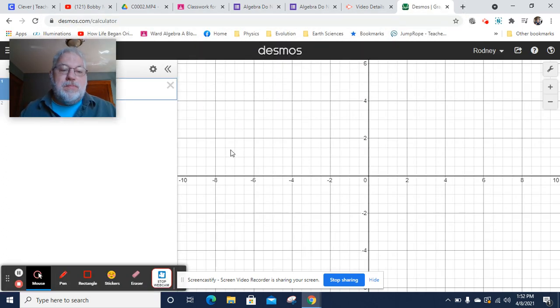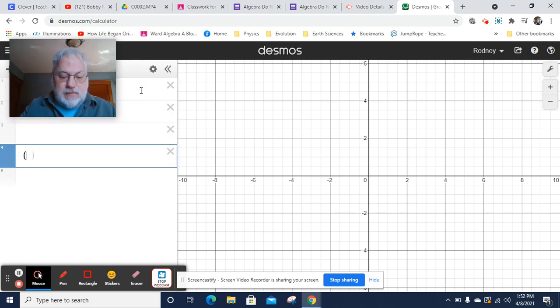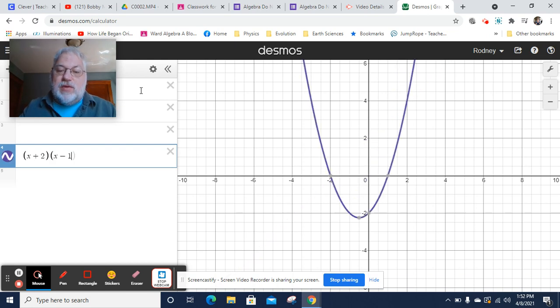And that's just going to be x plus 2 times x minus 1. And there it is. See? X-intercept at 1, x-intercept at negative 2. That 2 times negative 1 when x is 0 got us a negative 2 as well.